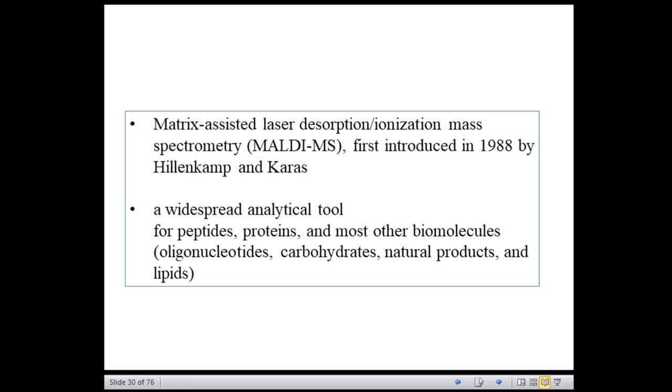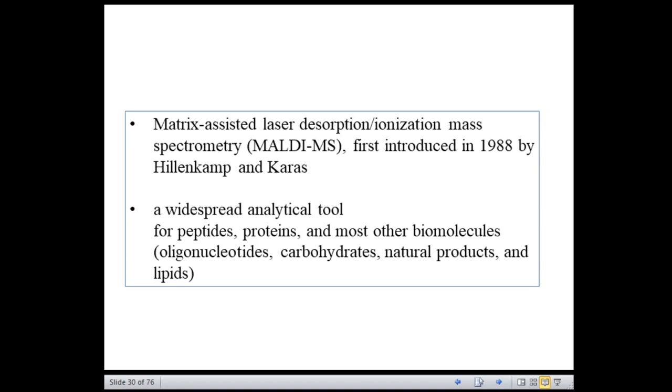So MALDI gives the accurate masses of the peptides, which might have been produced using a chemical or enzymatic treatment of the sample as a whole.